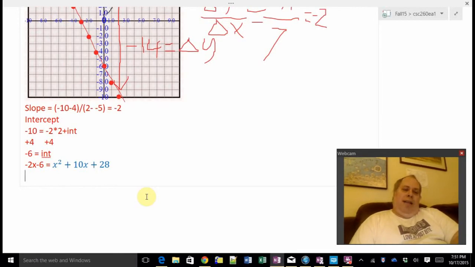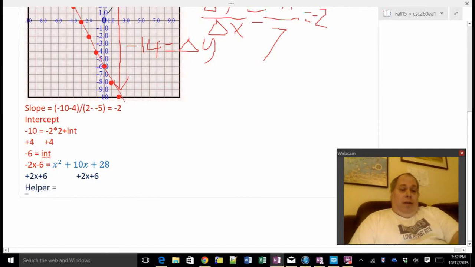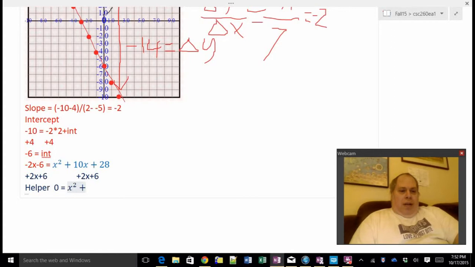Okay, now the first step is to create what I call the helper quadratic. Because we don't know how to solve this problem, we know how to solve problems where the quadratic is equal to 0. So I'm going to add 2x plus 6 to both sides. What's going to happen is we're going to end up with the helper quadratic, which is going to be 0 equals x squared plus 12x plus 34.